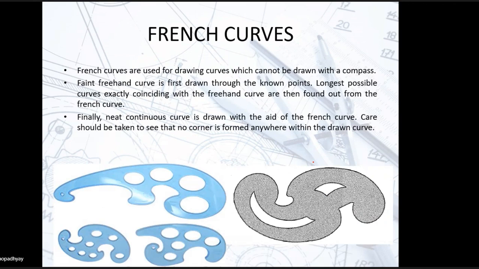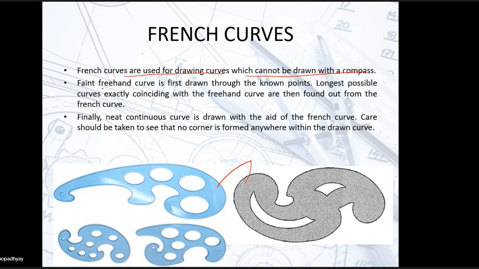Here is your French curve. You will understand the use of French curves when we draw projections of circles and similar things. French curves are used for drawing curves which cannot be drawn with a compass.